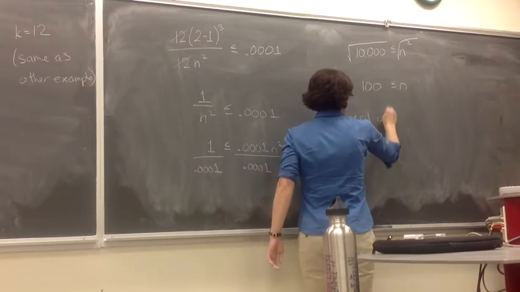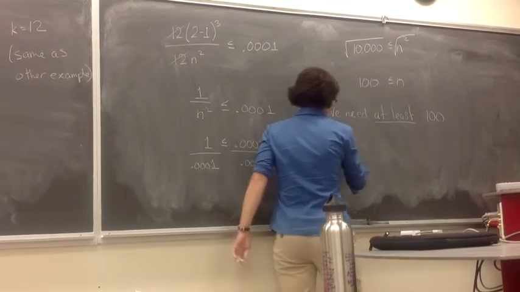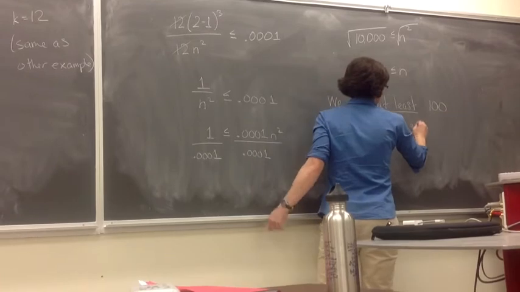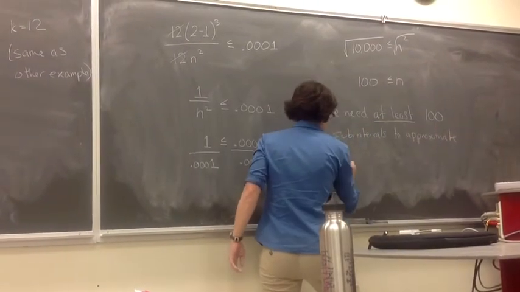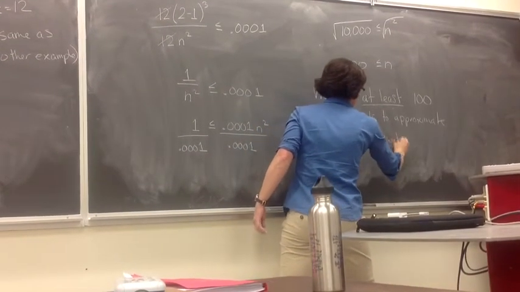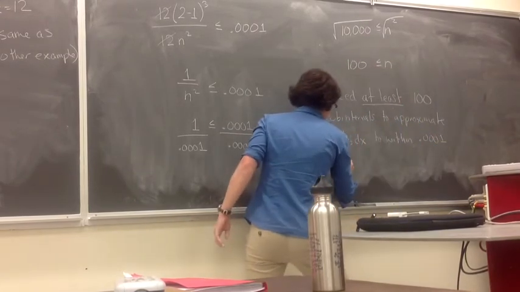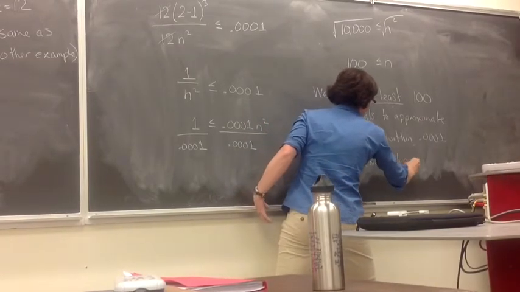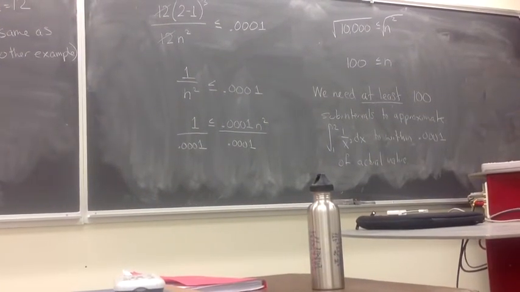We need at least 100 subintervals to approximate the integral from 1 to 2 of 1 over x cubed dx to within 0.0001 of the actual value. End of story. All right, are there any questions about solving this?